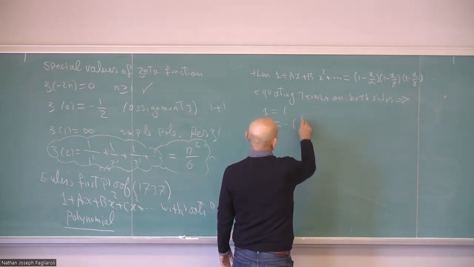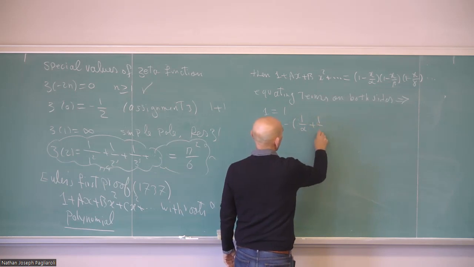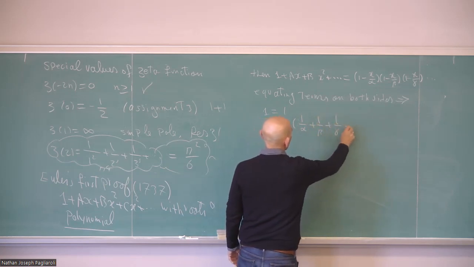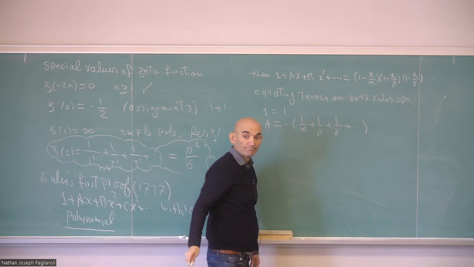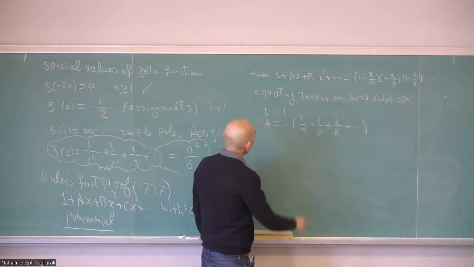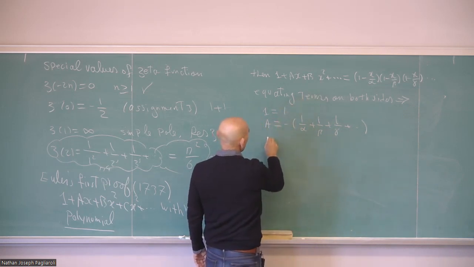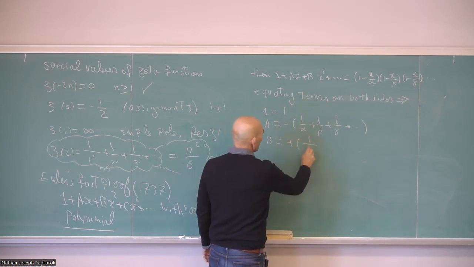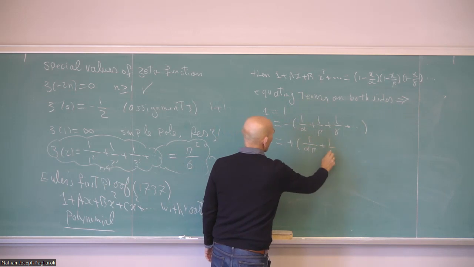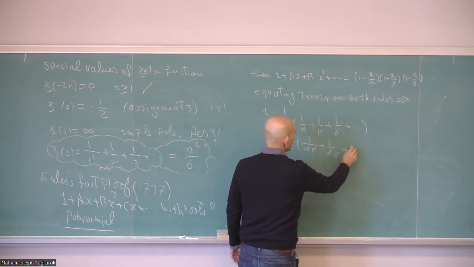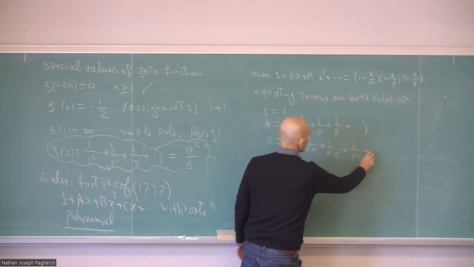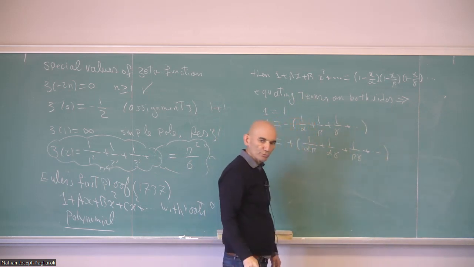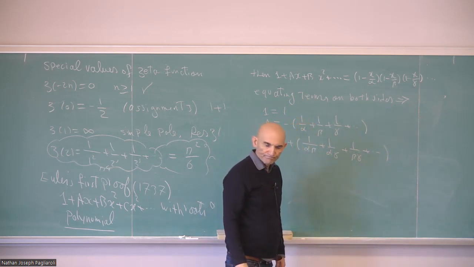It tells me that a is equal to minus, 1 over alpha plus 1 over beta plus 1 over gamma, and so on. And then equating the next term, b is equal to plus 1 over alpha beta plus 1 over alpha gamma plus 1 over beta gamma, and so on, the products two by two, etc.